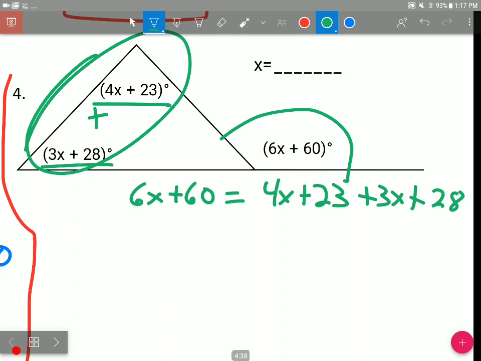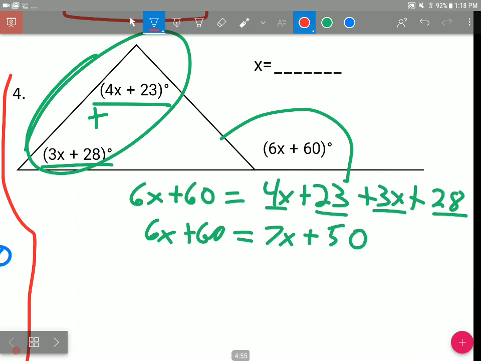All right, clean it up and start going. So I got 6x plus 60 equals 7x, 23 plus 28, that should be 51. Yeah, seems like an odd number to do. All right, and then we'll subtract. Let's move the 6x over this way.